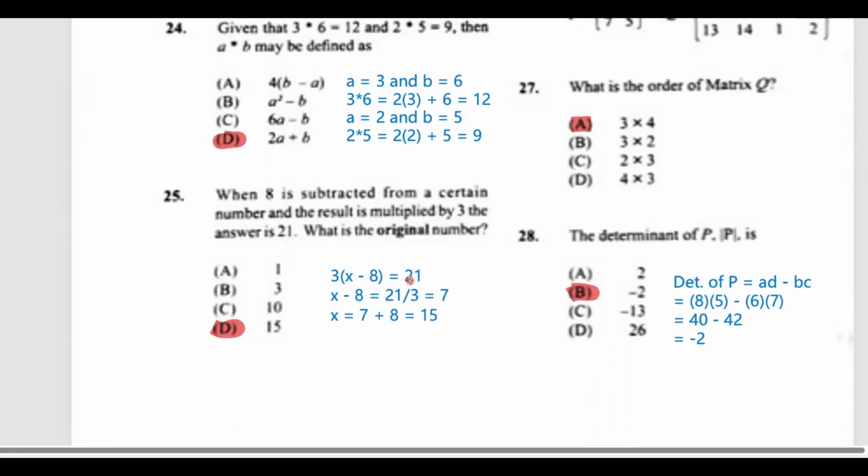What we could do is shortcut. You can divide 21 by 3, because if 3 is multiplied by everything here, carry it across, opposite of multiply is divide. 21 divided by 3 is 7. And we'll get x minus 8 is 7. Carry the minus 8 across. You get 7 add 8 to get you 15.